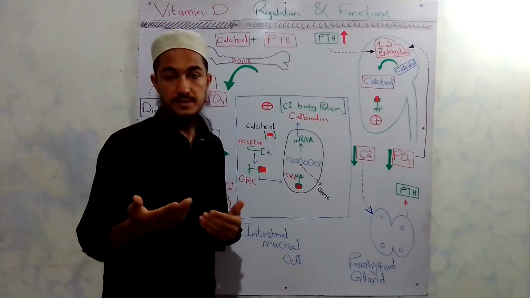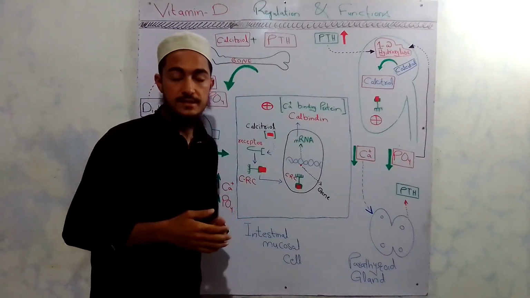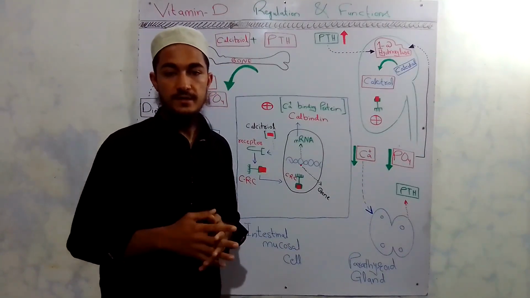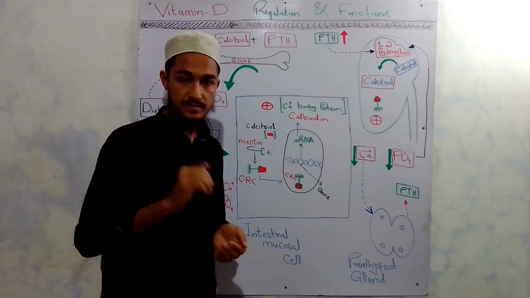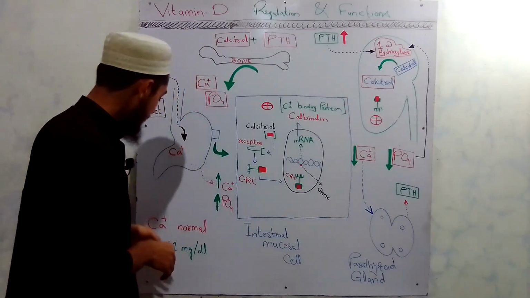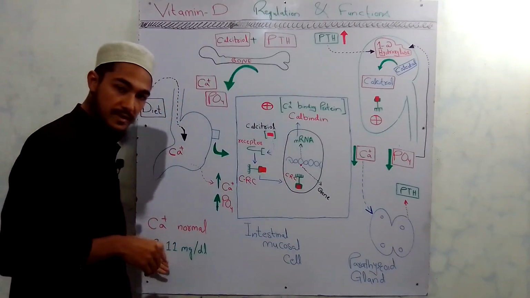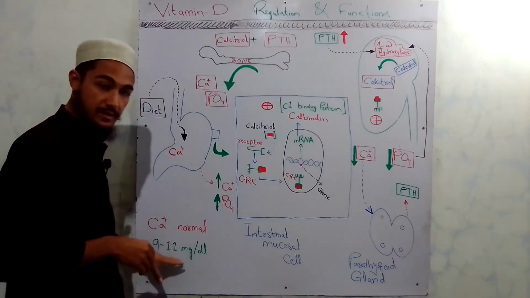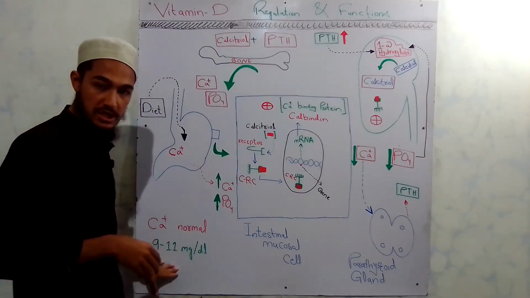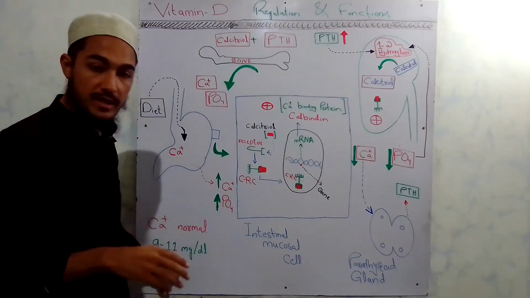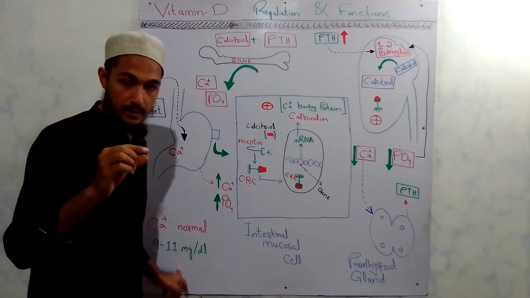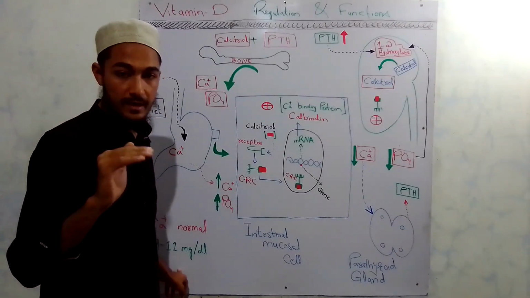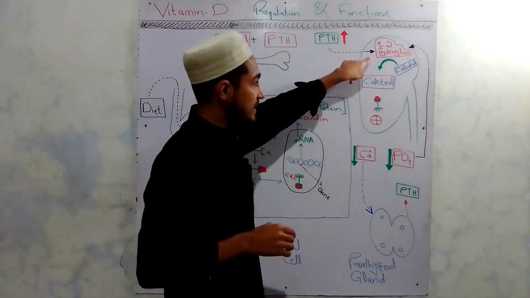The major function of vitamin D is that it restores the calcium and phosphate level in the blood plasma to normal. The normal calcium level in the plasma is 9 to 11 milligrams per deciliter. To maintain such a normal quantity of calcium in the blood plasma, the quantity of vitamin D in our blood plasma is well regulated by this enzyme.